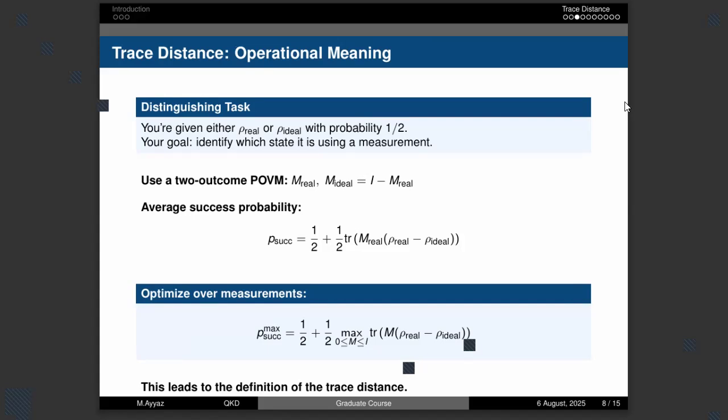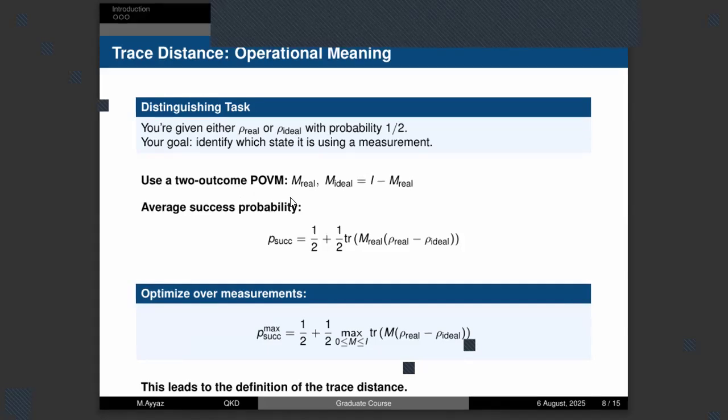In order to distinguish the two states, we have to apply some measurement. Consider we have two POVMs, M real and M ideal, and the average success probability is going to be this. So this is an optimization problem.